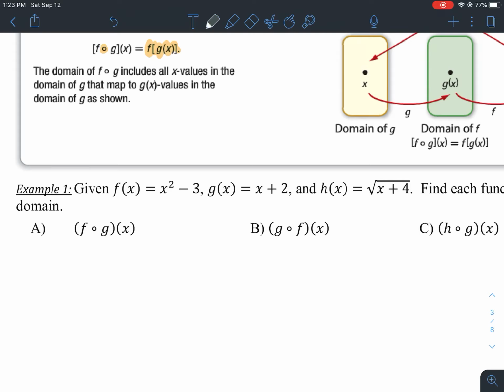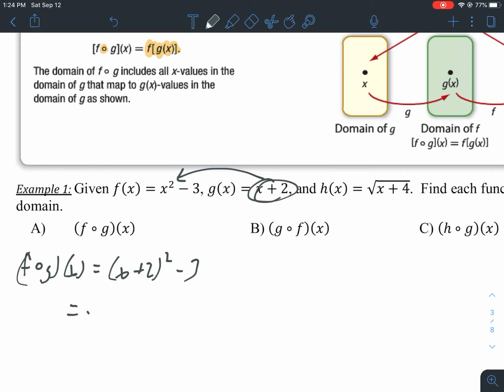So let's take a look at the first example. It says f of g of x. What we're going to do is take g of x and substitute it in everywhere we see an x in f. So f of g of x would be x plus 2 squared minus 3.